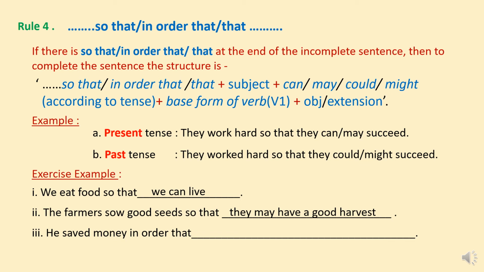Of course, after so that the subject should be the suitable one according to the first clause. Again, the last one: he saved money in order that he could or might buy some more books. Saved, past tense. As it is past tense, after in order that the past form of can or may is used, that is could or might. Students, hope you have understood.